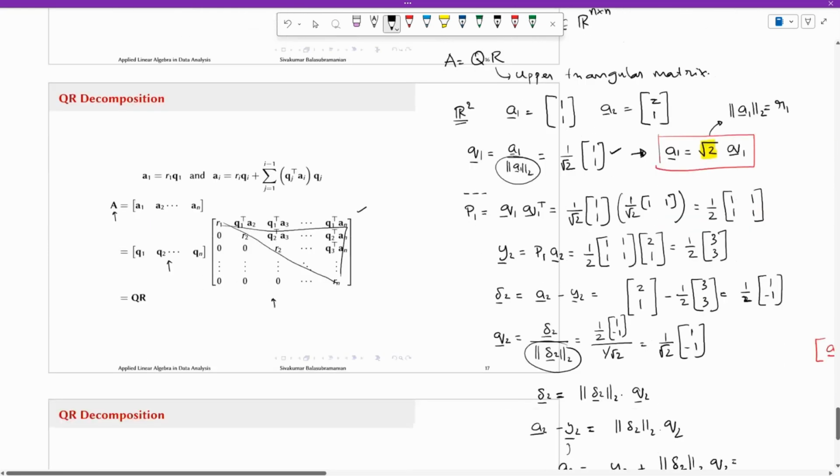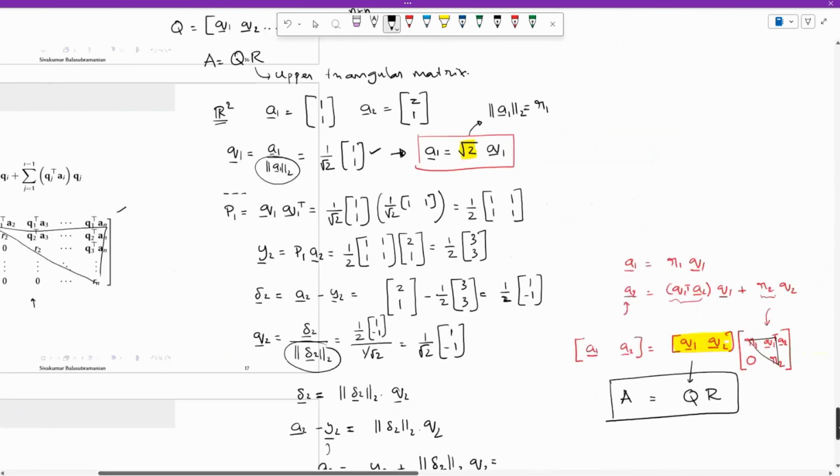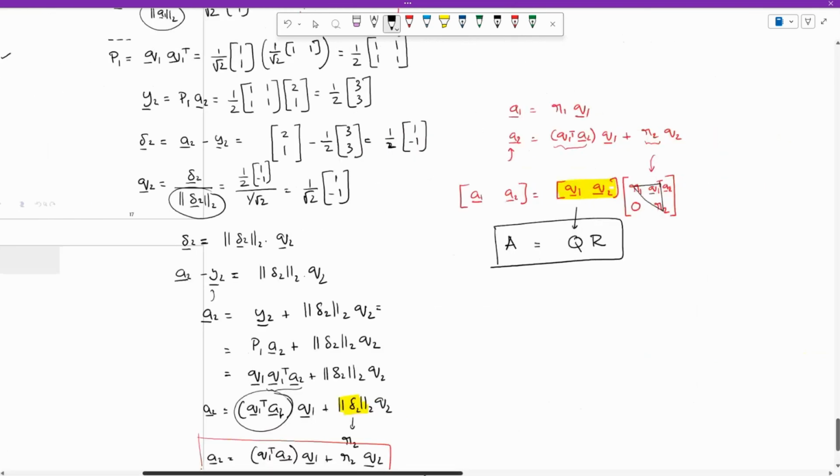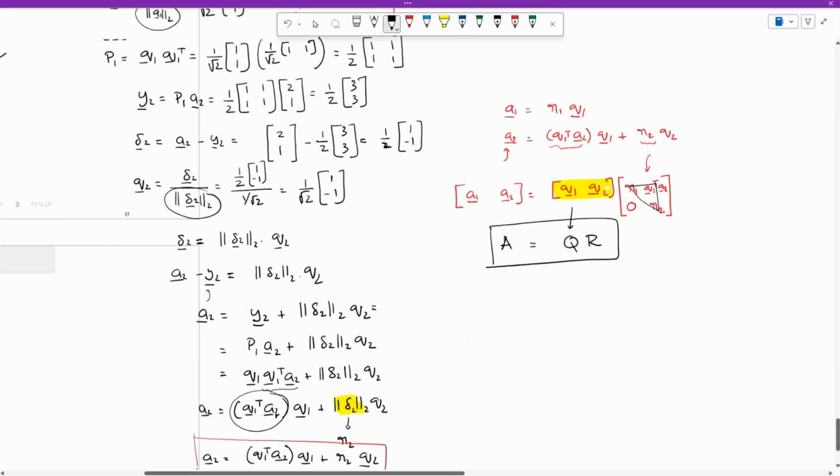Okay, let's do it numerically also. What will be the exact matrices here? So A was 1, 1, 2, 1. What is Q?